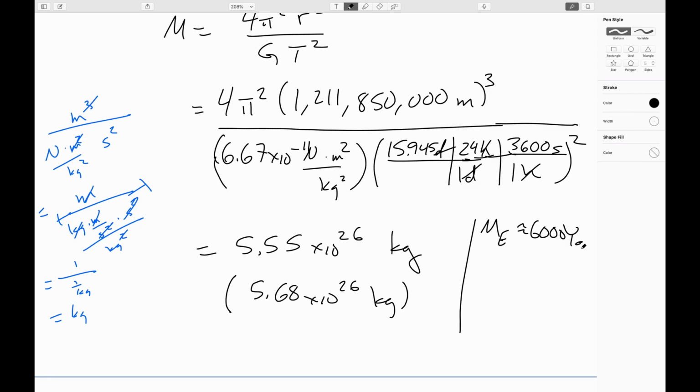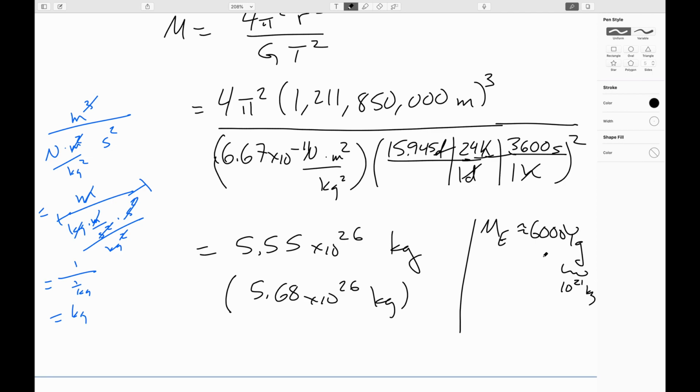And I'm sure we're all right on top of that yotta prefix, which means 10 to the 24th. So this would be 10 to the 24th grams, which would be 10 to the 21st kilograms.